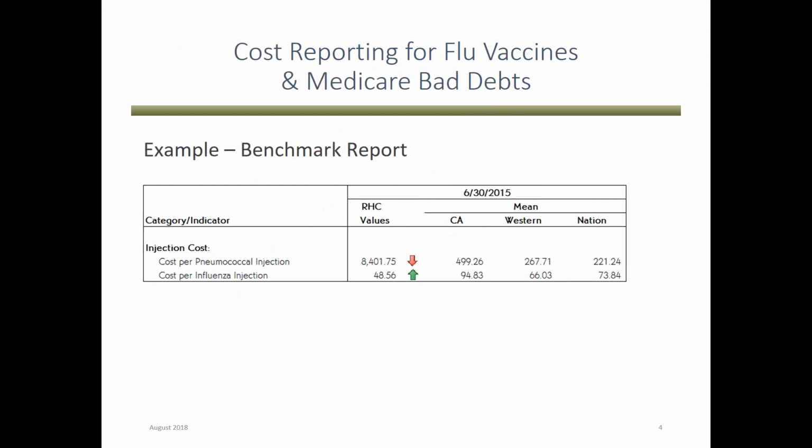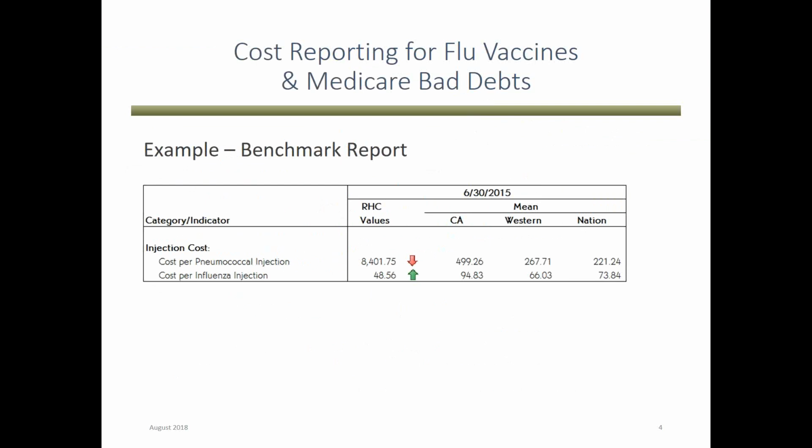As you can see, this particular clinic had $8,401 in what they said was the cost to do the pneumococcal injection, when the average for the nation was $221. That $8,401 is not comparable, and it sticks out very much. So this clinic, before submitting their cost report, should have gone back and taken a look and said, okay, something's not right.